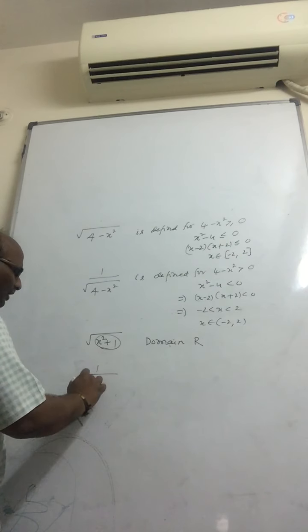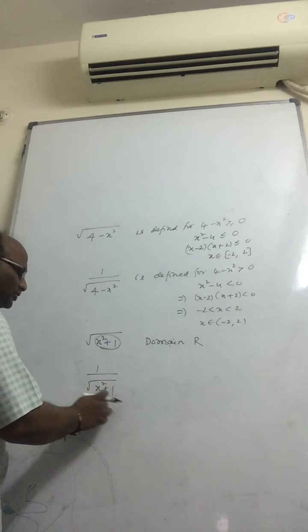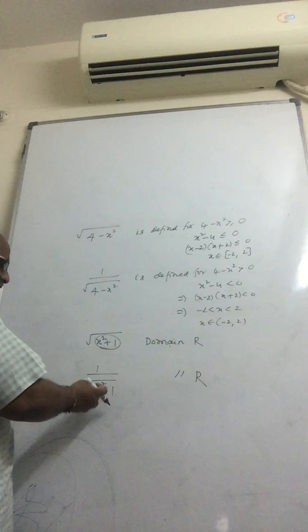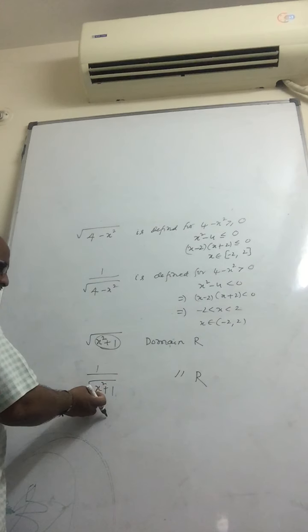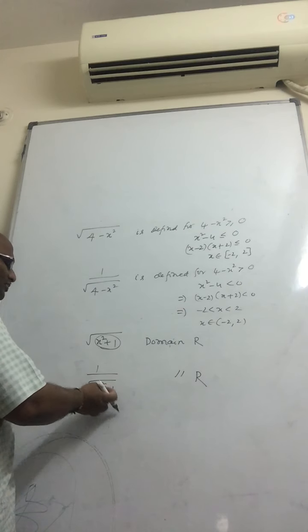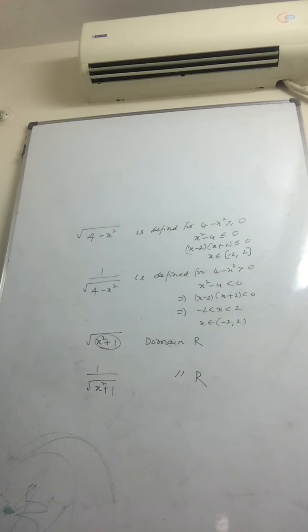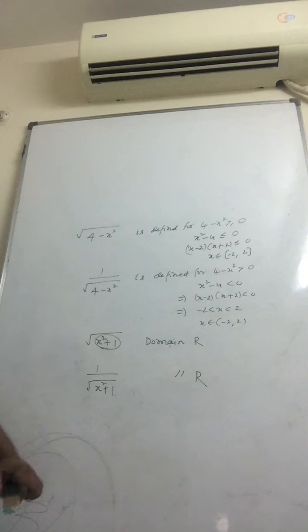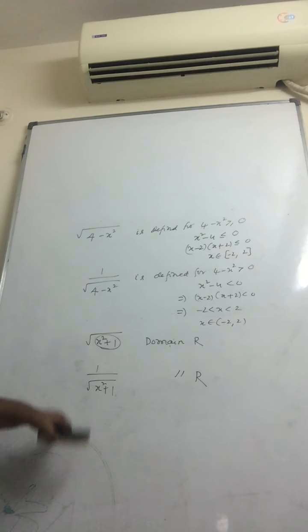Even if you take it in the denominator, there is no question of the denominator being 0. Here also real numbers. The denominator x square plus 1 is positive: 0 plus 1 or 1 plus 1, all are positive numbers. We don't have any trouble. You can take x as negative, but squared it becomes positive, plus 1 is positive. So it is defined for all x.